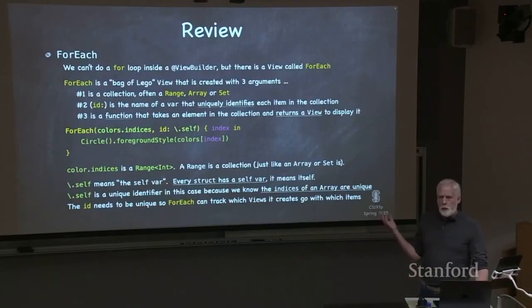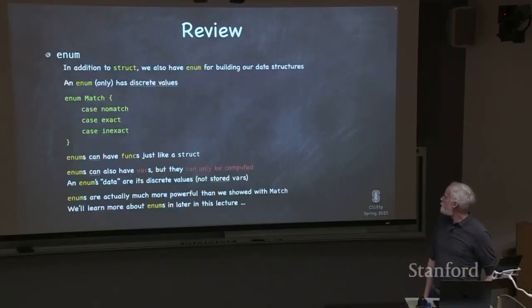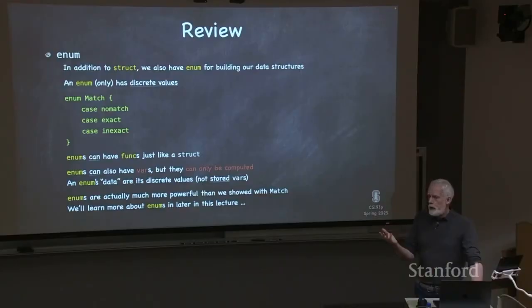We got ForEach, one of our absolute favorite bag of Lego views that makes a view for each of something in a collection. Shapes, we talked about Circle and Rectangle and the fact that they have fill and stroke border. And enum, of course, which is another type, like structs are types, enums are types.